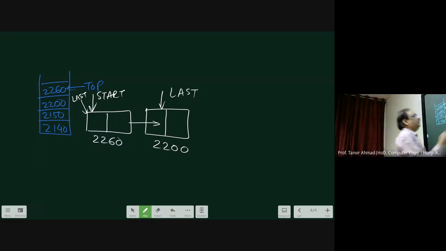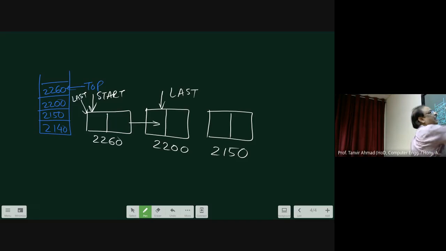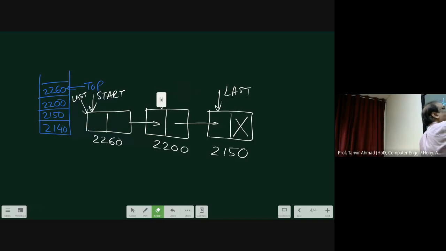Again, I pop 2150. Now with the last pointer, I can attach like this. And I will move last over here. Then again I pop 2150, whatever it is.